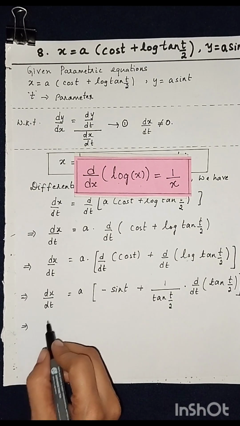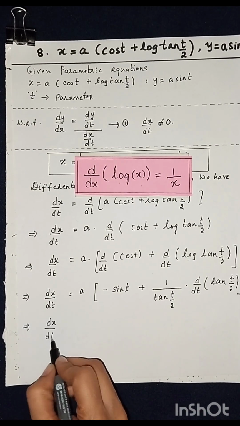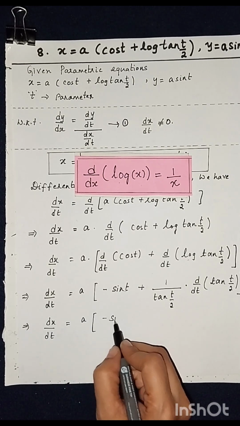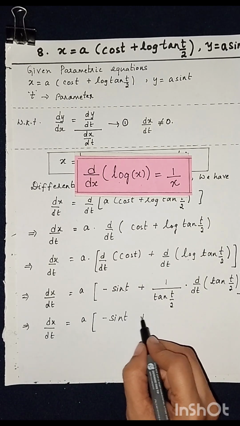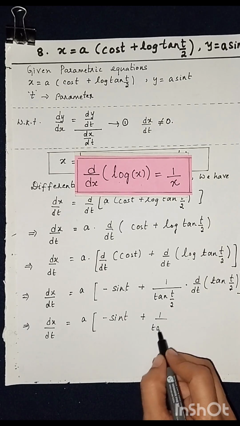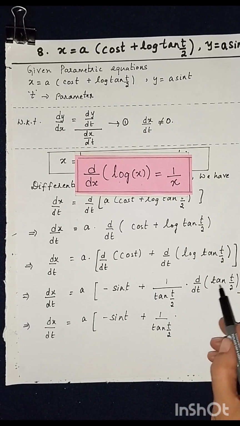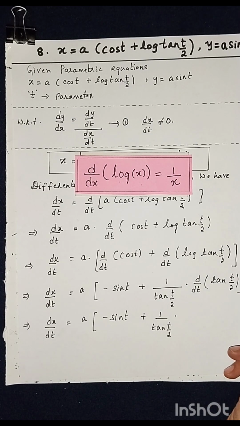Now this implies dx by dt is equal to a into minus sin t plus 1 by tan t by 2 into, now we will differentiate the tan function.